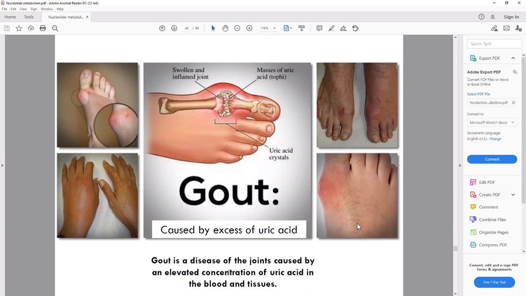So we know that gout is caused by an excess of uric acid, and we have been told since forever to limit our seafood intake, just to minimize the intake of food that has higher uric acid. Gout is a disease of the joints caused by an elevated concentration of uric acid in the blood and also tissues.